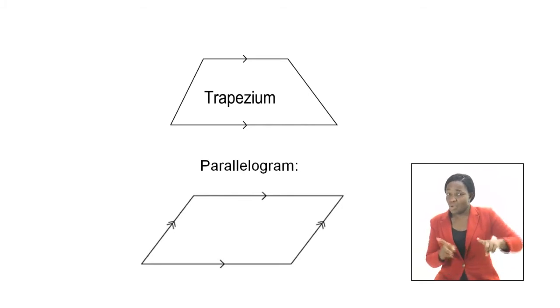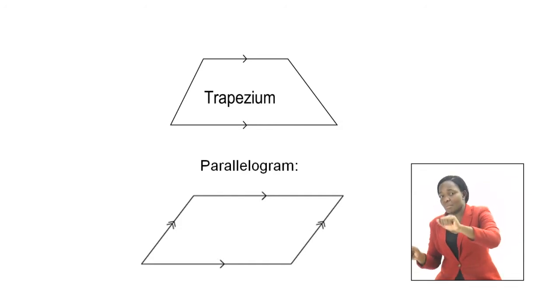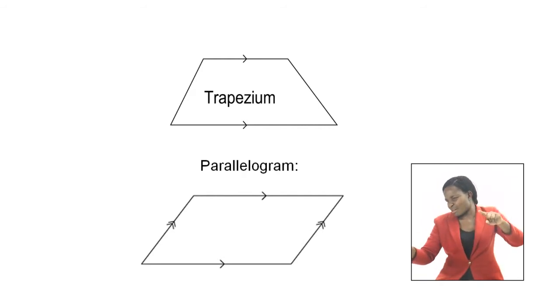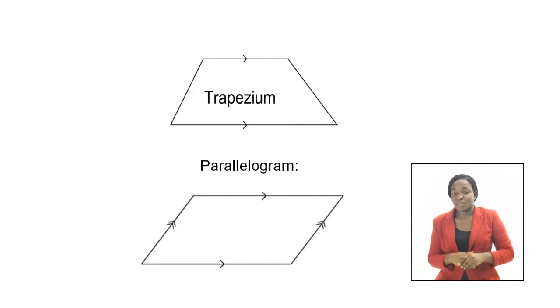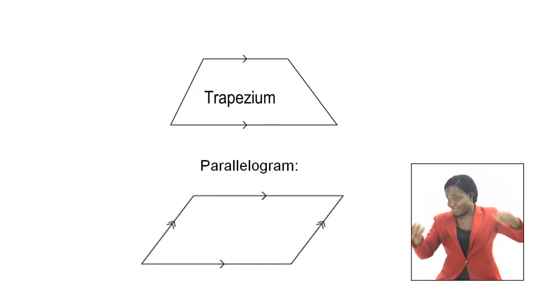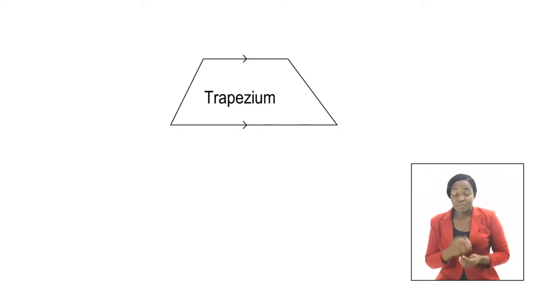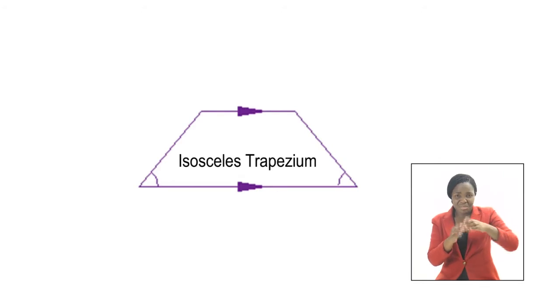In a parallelogram, both pairs of opposite sides are parallel and the same length. It looks a bit like a skew rectangle. The trapezium, however, has only one pair of opposite sides parallel. Sometimes the sides that are not parallel are equal in length. In this case, the trapezium is called an isosceles trapezium.